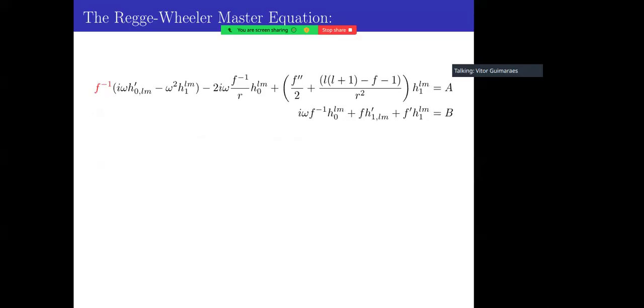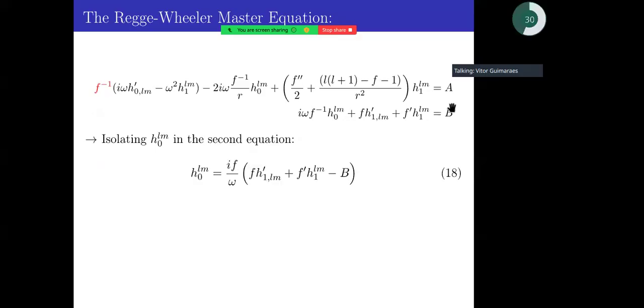What we're going to do now is isolate H0 here, in such a way that we obtain this equation. I'm just subtracting this from both sides and dividing by i omega f inverse, and then we obtain this equation here.